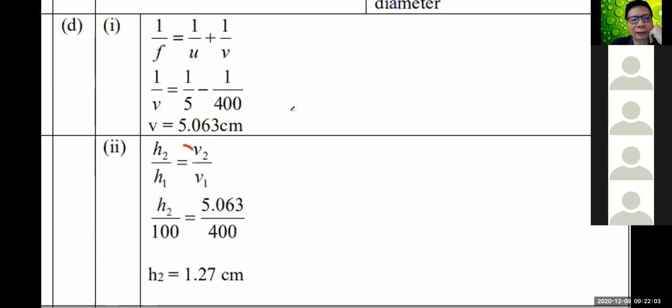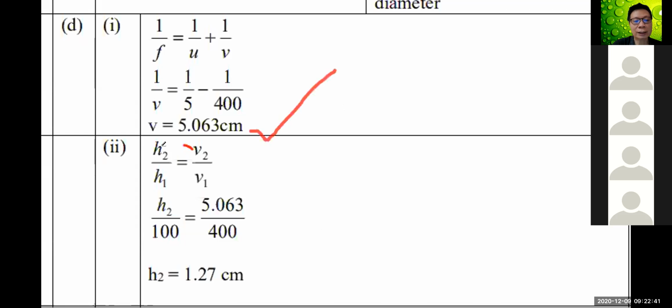Please check the answer. Yes, this answer is correct. I checked already, so it's correct.